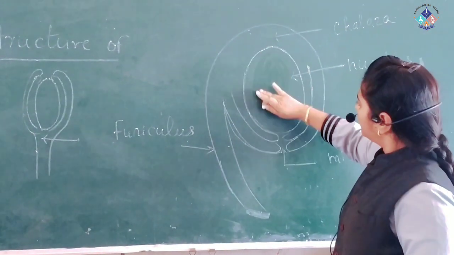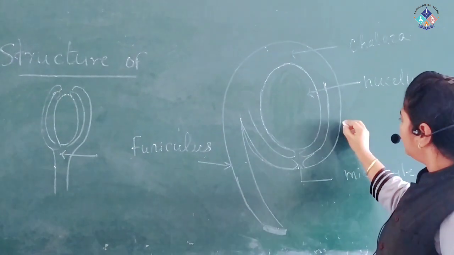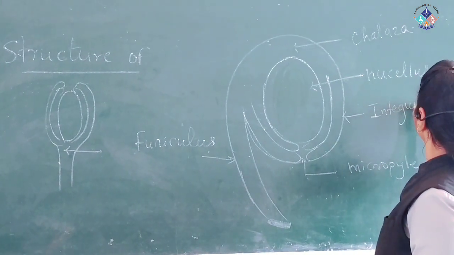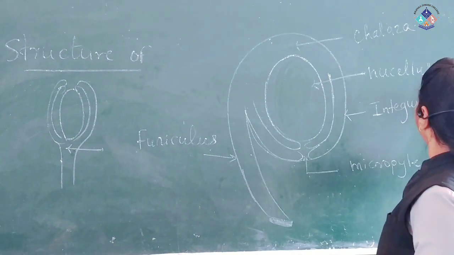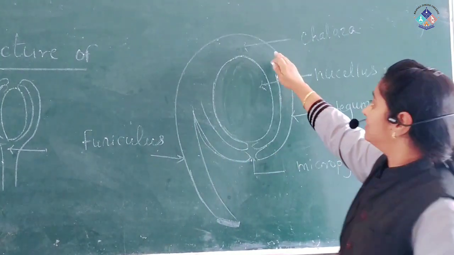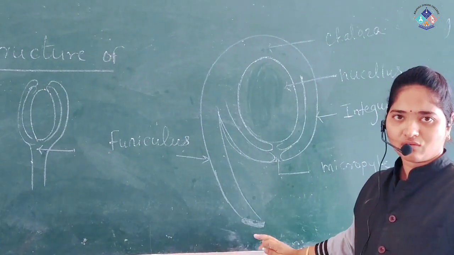Okay, next the nucellus is covered by two coverings, and these covers are called integuments. We'll see the functions. Integument is a protective cover of nucellus. Chalaza is the base. Funiculus is the stalk of ovule. Okay.